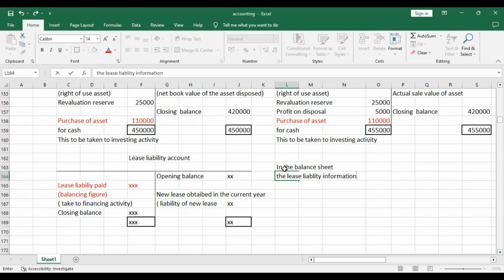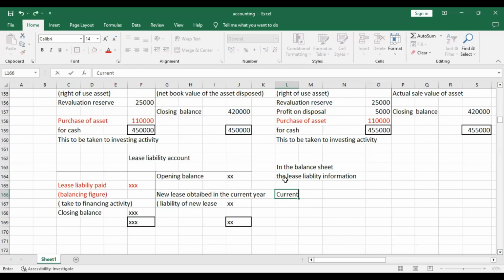Sometimes they'll give you lease liability as a current liability and as a non-current liability. Understand? Both you have to take: current liability opening balance, non-current liability opening balance. Then closing balance of the current liability, closing balance of non-current liability relating to lease. Now let me take some example to make it understood.